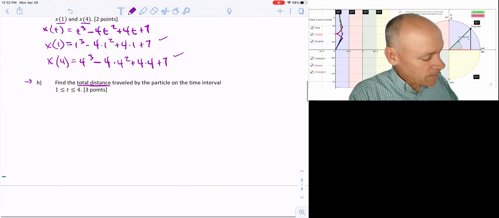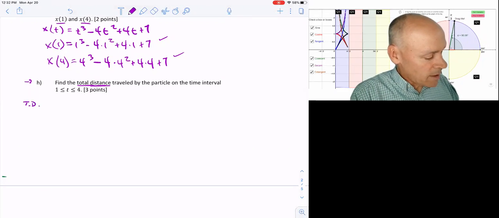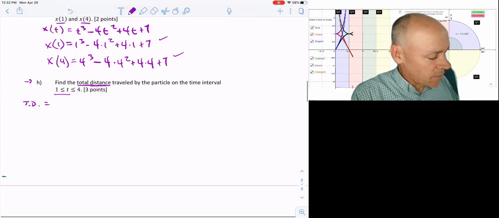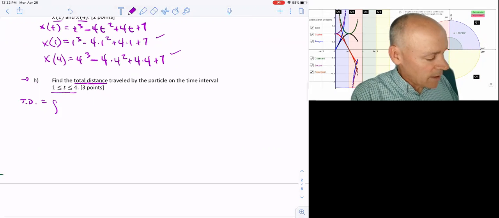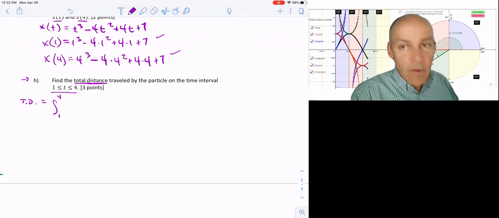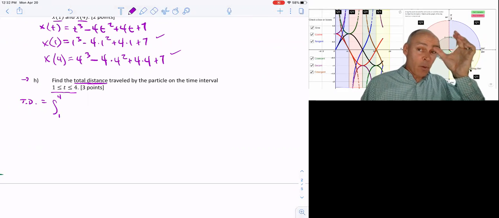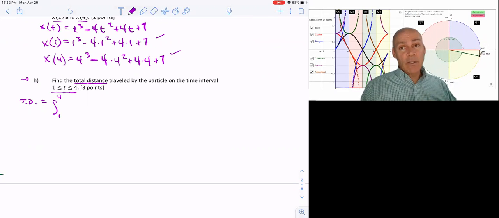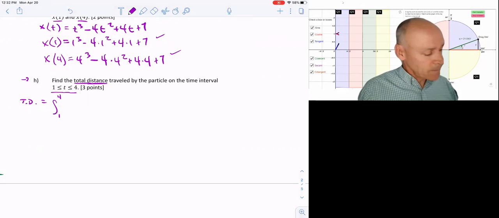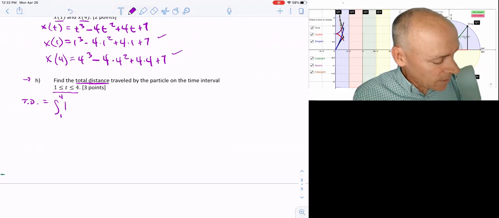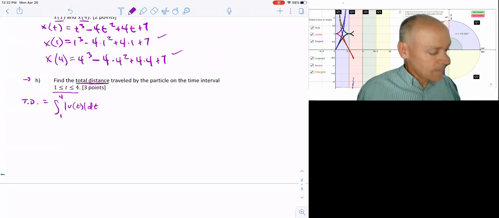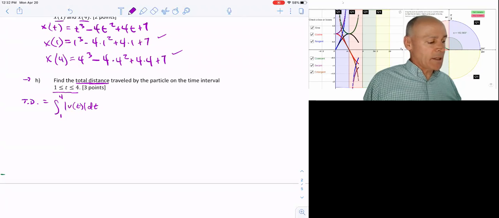The total distance is going to be equal to the definite integral from 1 to 4 of the absolute value of velocity. If it's just the definite integral from 1 to 4 of velocity, that gives me displacement, not total distance. So it's the absolute value of velocity, and that gives me total distance.